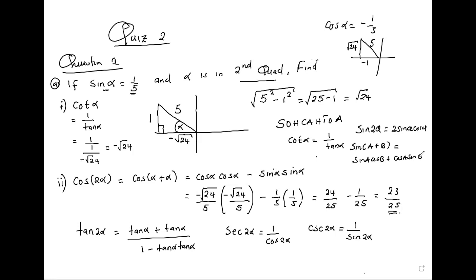No, not in this cos 2 theta. It can only work if they bring sin 2 theta. Oh, so cos 2 theta can't be 2 cos theta sin theta. No, its identity, the double angle identity, isn't it cos squared minus sin squared?